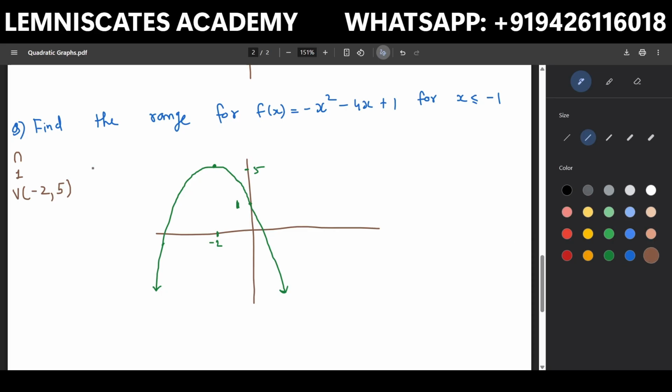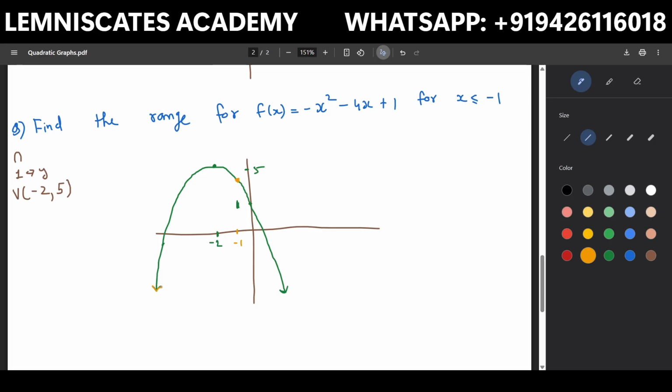Okay, of course, this is your y-intercept. And now the domain is x less than or equal to minus 1. So where is my minus 1? My minus 1 is of course somewhere over here. So my minus 1 will give me output over here.